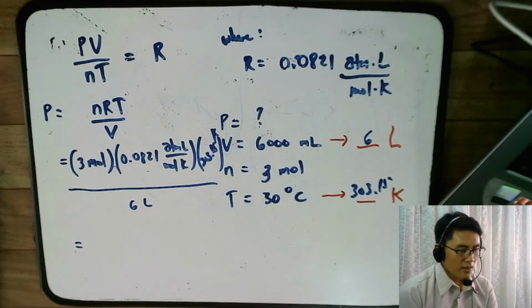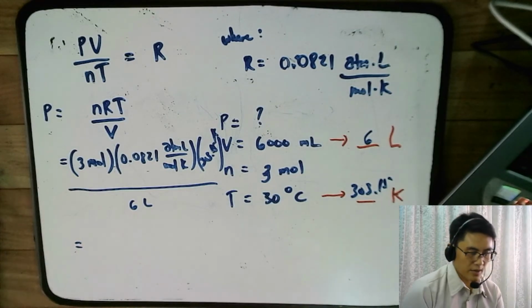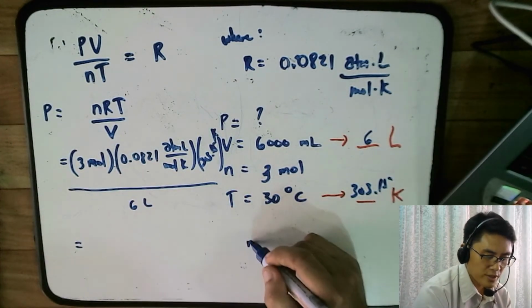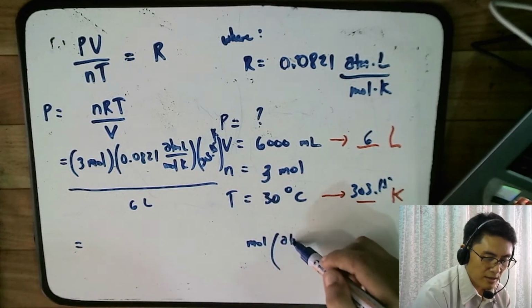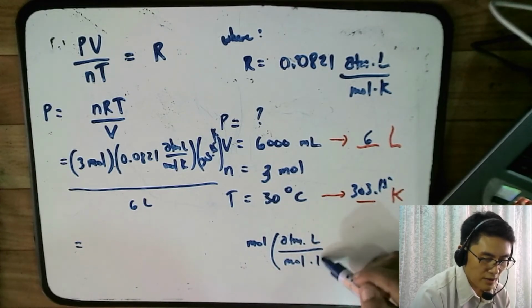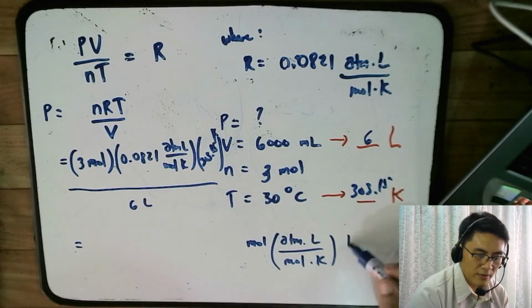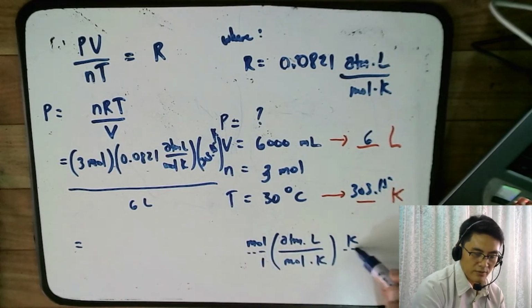Okay, and then let's stop for a while here and look at the units, right, on the numerator, because it's kind of confusing. So you have mole, which is in the numerator, and then that gets multiplied by atm liter over mole Kelvin, this second one, and then the third one is in Kelvin. So notice again, implicitly, this is mole over 1. This is Kelvin over 1.